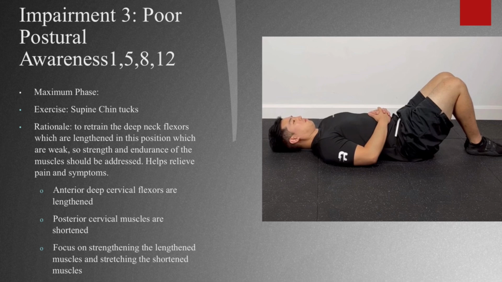The rationale for this is to strengthen those. With some posture things, in Kisner, you want to focus on proper body mechanics within the workplace, because say you have somebody working at a desk all day, they could develop that forward head posture, which causes the muscles to get weak.